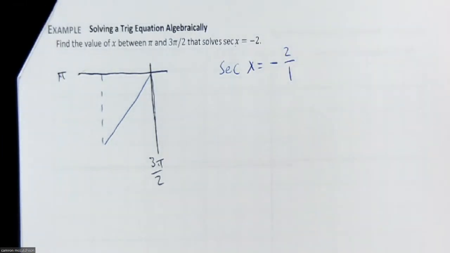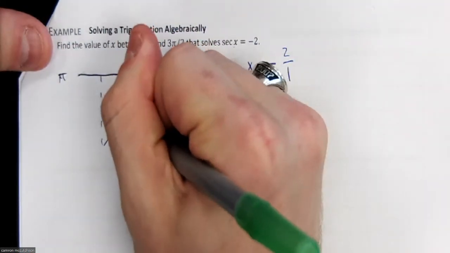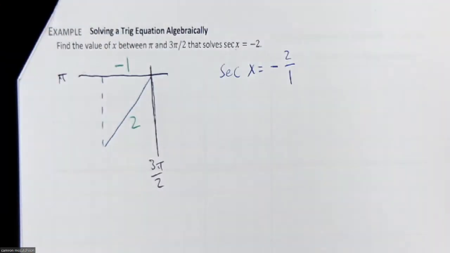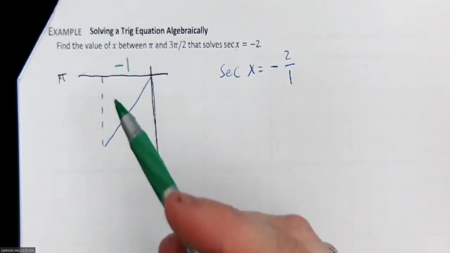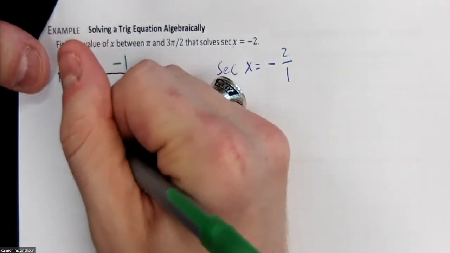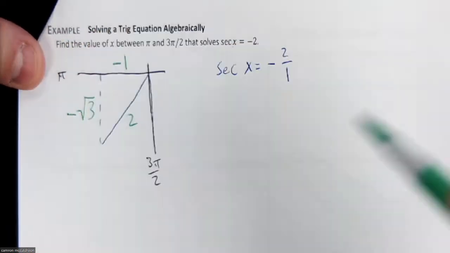Well, the radius can't be negative. So the radius must be positive 2, and the adjacent side must be negative 1. So if the triangle has a radius, aka hypotenuse, of 2 and an adjacent side of negative 1, then what does the length of this side have to be? A negative root 3, and it's negative because of the quadrant that it's in. All right, negative root 3.